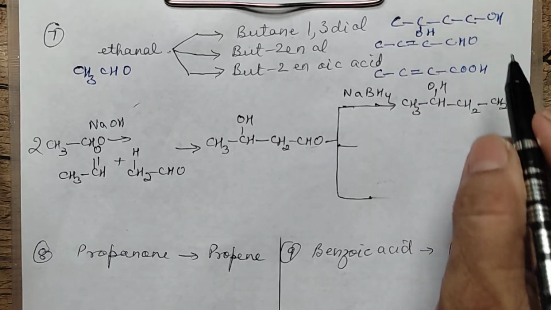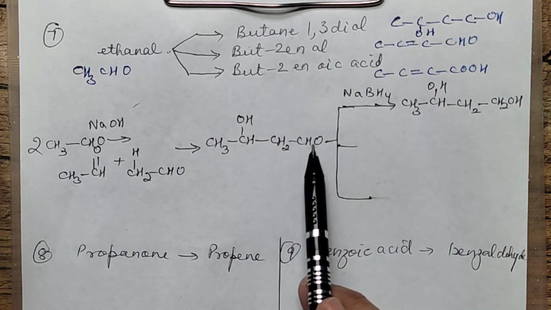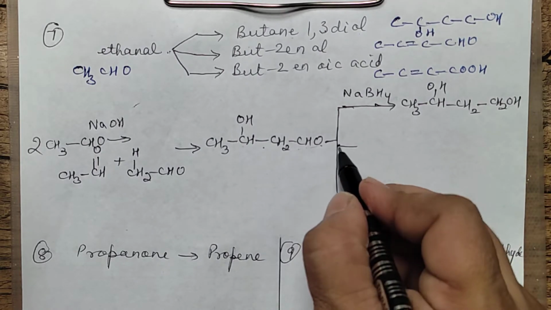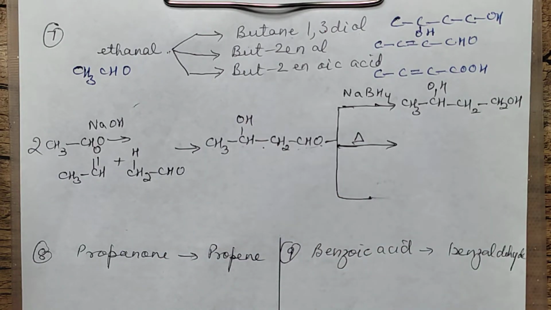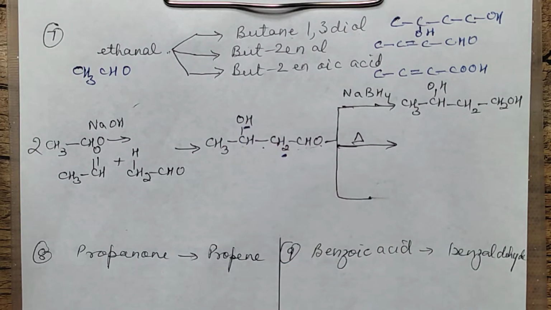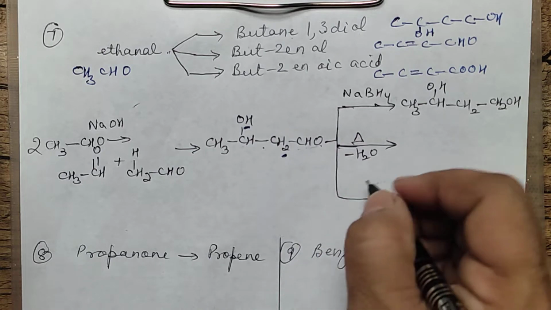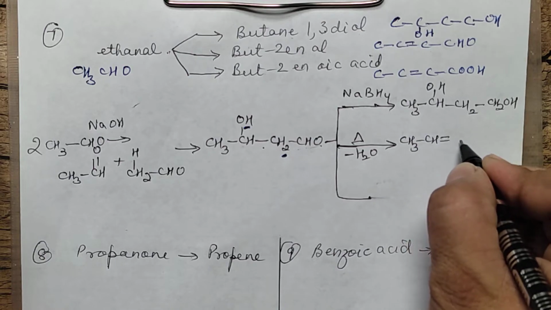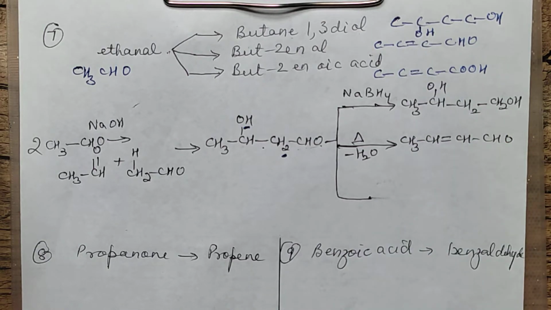This is the first one, you got it. The next case, you want this to be retained, you want water to be removed. That means from here, this only, you are going to heat it. When you heat, what will happen? H from here, OH from here will be lost as water molecule. 1 water molecule will be lost. So what will you get is CH3, CH, double bond, CH and CHO.